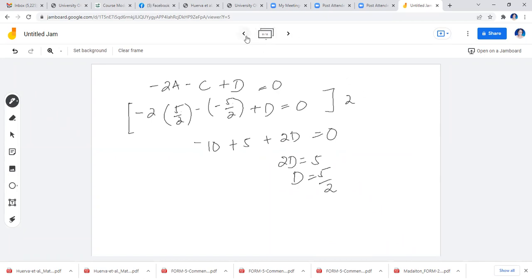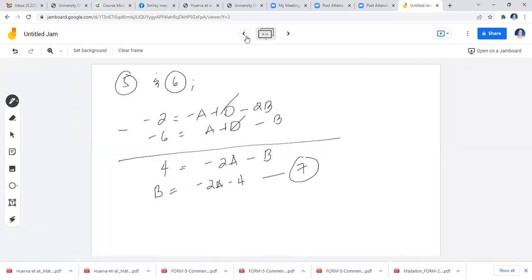So what remains is b. So where can we get b? We have it here. So b is equal to negative 2. A is 5 halves minus 4. So b is equal to, we cancel this. You'll have negative 5 minus 4. And b is negative 9.